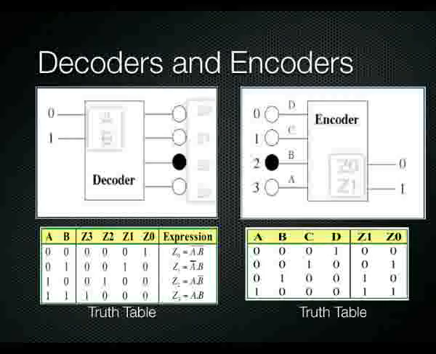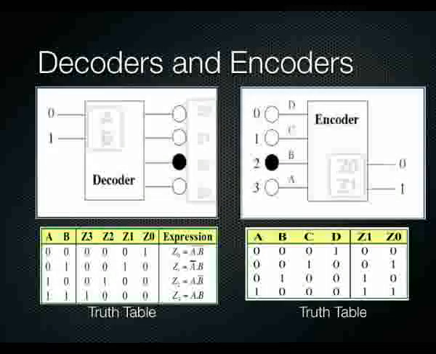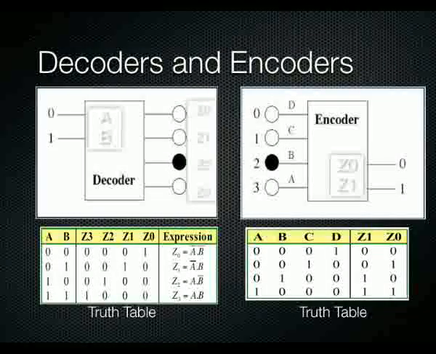The next sort of logical building blocks, so to speak, are our decoders and encoders. These are useful for converting a binary number to a particular output. So it's effectively like a switch, where we can put a binary number into the switch and then have the corresponding output go high.